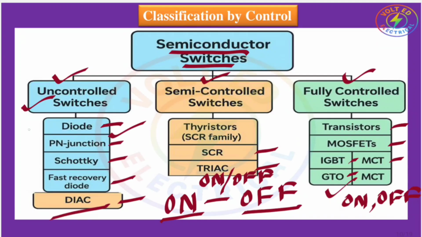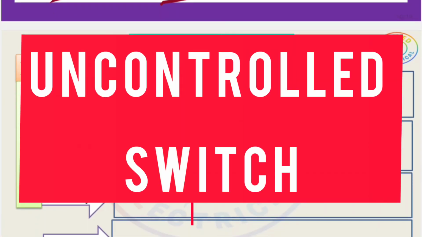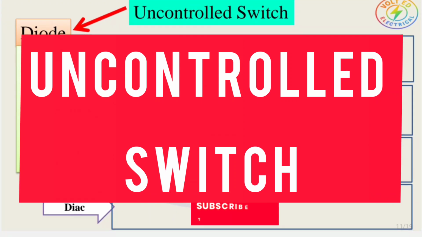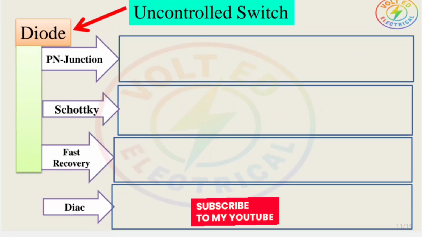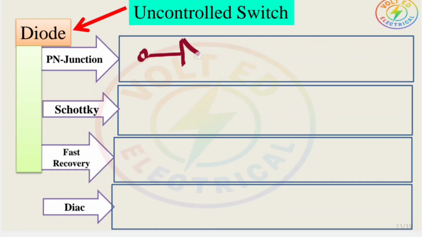Okay, let's see why these switches are uncontrolled, these are semi-controlled and these are fully controlled. A PN junction diode is an uncontrolled switch. If we see the symbol of a PN junction diode, there is an anode and a cathode.